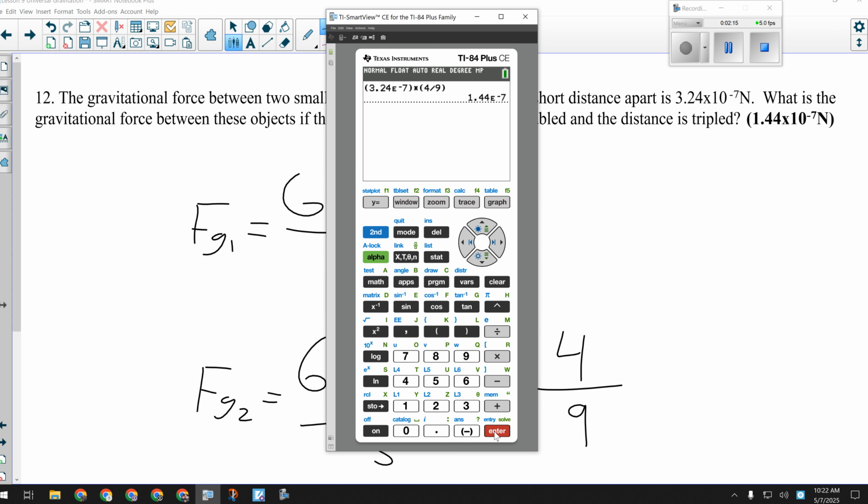But by tripling the distance they're apart, you would decrease the gravitational attractive force by a factor of 9. So you just go 4 times more mass divided by 9 times more distance, and boom, you've got the new factor. Okay? You don't actually need to know the real numbers. You just need to know what the effect of changing them would be.